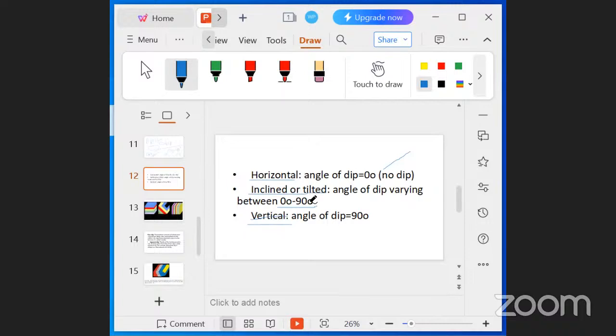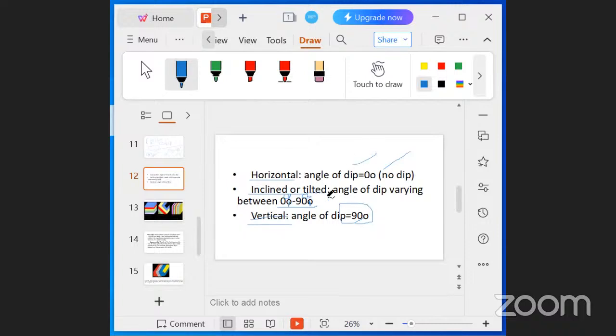Some small mistakes here, a typing mistake. So 0 to 90 degrees. And vertical means the angle of dip is only 90 degrees. So horizontal means dip is 0, it means no dip angle.